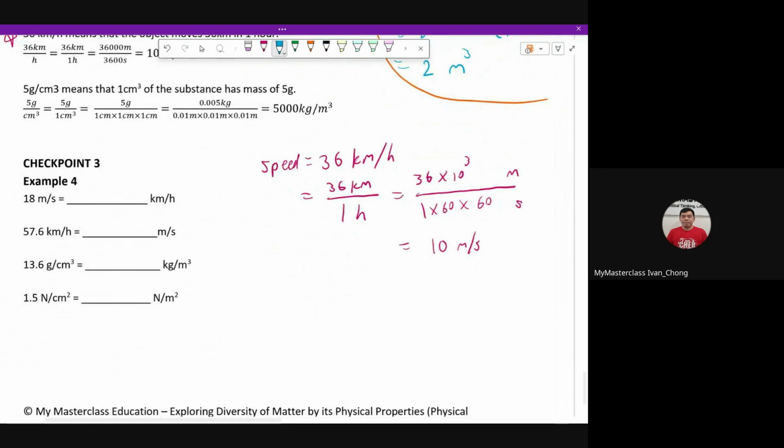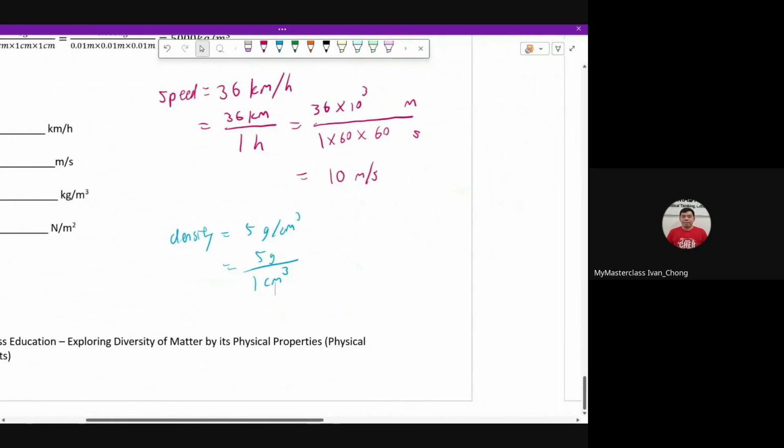Next, the second example, density is 5 grams per cm cube. So it is grams over 1 cm cube. Now, do you see the cube here? This is where you want to stop and be very, very careful about it. So 5 grams, you want to change it to kg. We don't have the prefix on the left-hand side here.